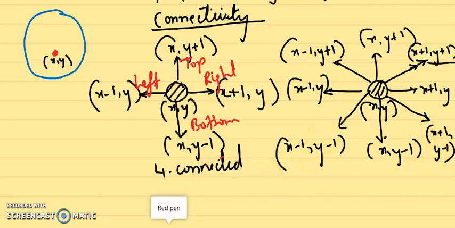Right? So please have a look at all the below values. For all the below values it is y minus 1. For the current values all the values are y. For the above values, everywhere it is y plus 1. So x varies. Similarly, when I am moving for the x's, on the left, it is x minus 1. On the right, it is x plus 1.